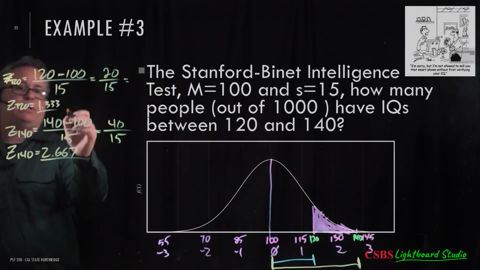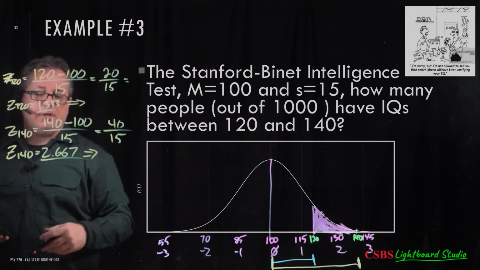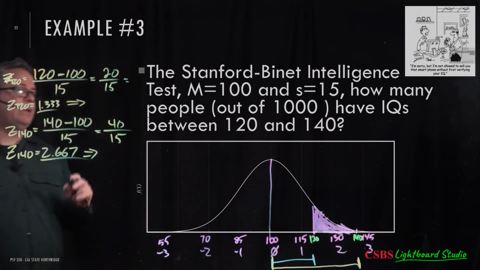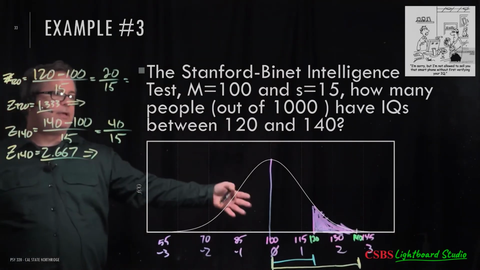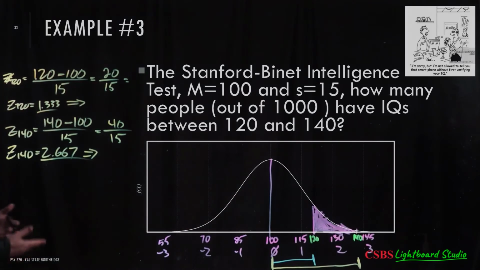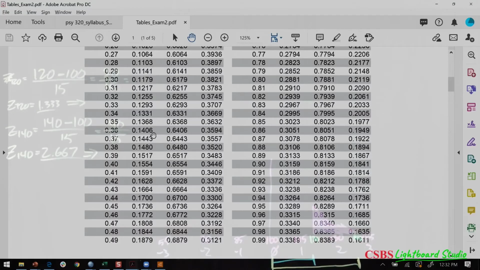So I have this z-score and that z-score. Let's look at the areas corresponding to each one, and we're going to stick to the same column. As long as you use the larger portion for both, the smaller portion for both, or the mean to z for both, you'll get the same result. It doesn't make a difference, but I'll use the mean to z because I seem to like that one better. I need the area corresponding to 1.333.